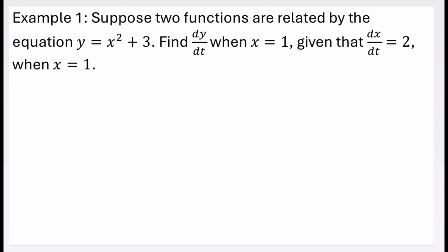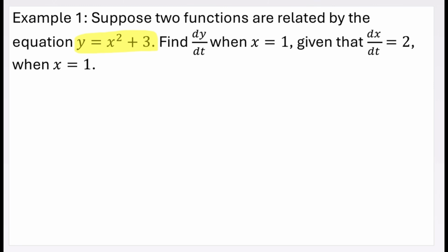So here is my function, y equals x squared plus 3, and I'm going to be finding the derivative with respect to t. So I'm finding dy/dt, dx/dt, and those types of things.